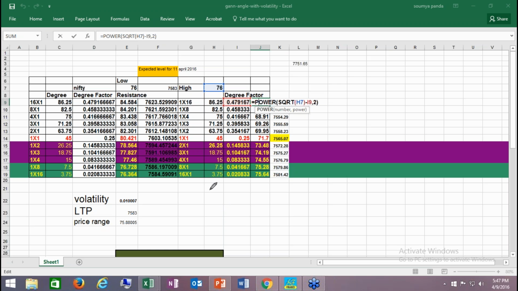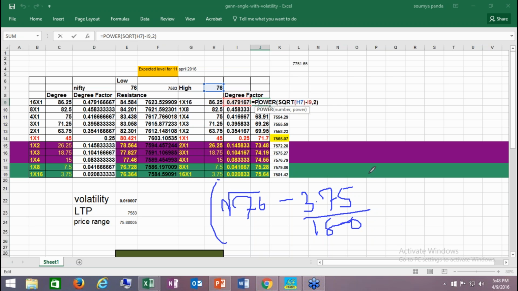Similarly, if I want a number which is 3.75 degree below 76, then I have to take the square root of 76 and subtract the 3.75 degree factor. The 3.75 degree factor is nothing but 3.75 divided by 180.